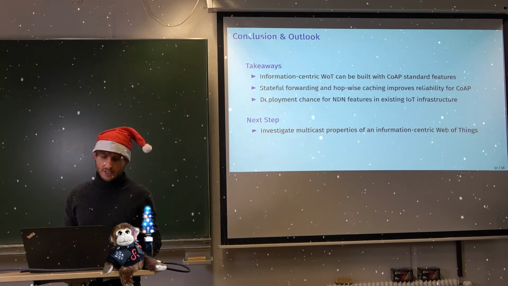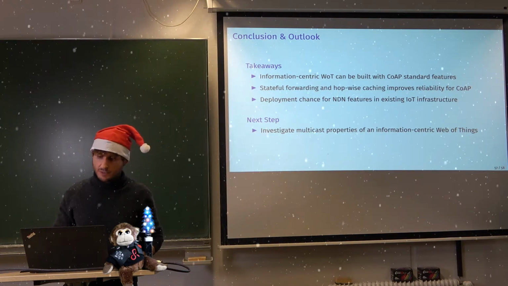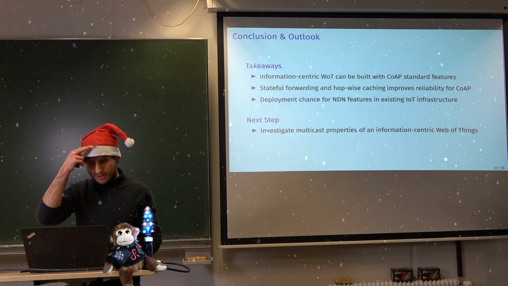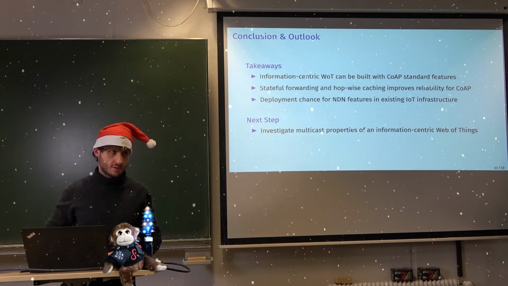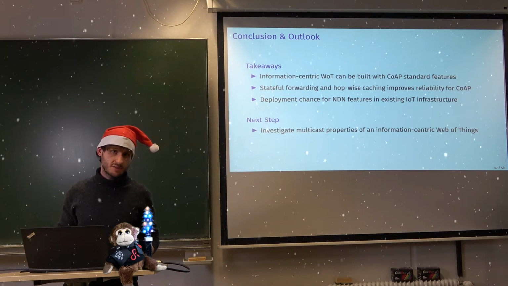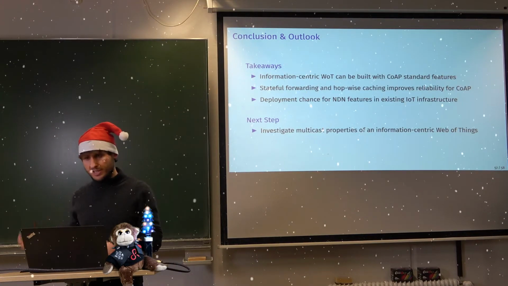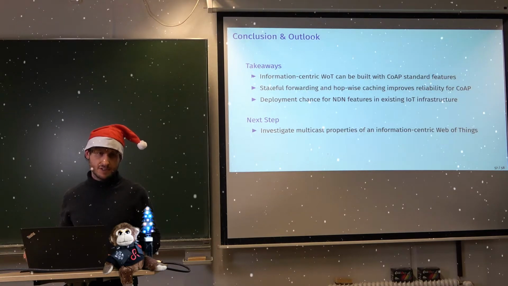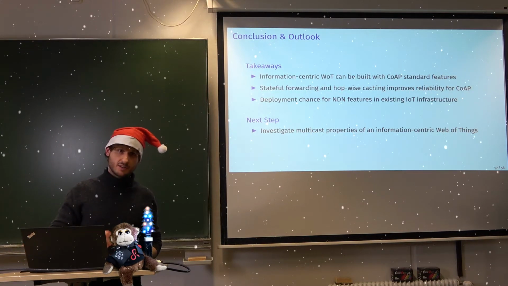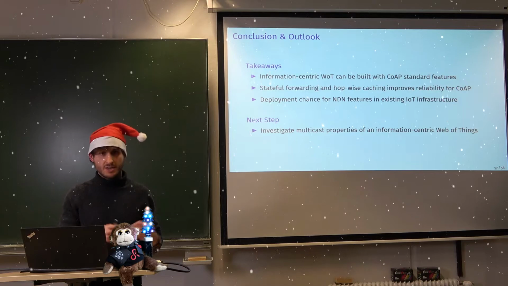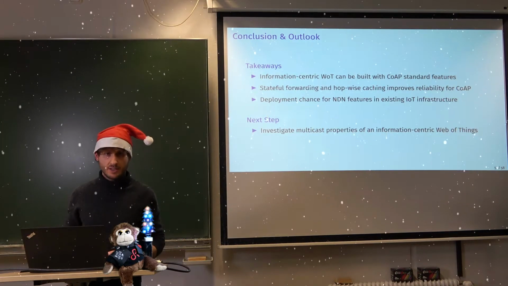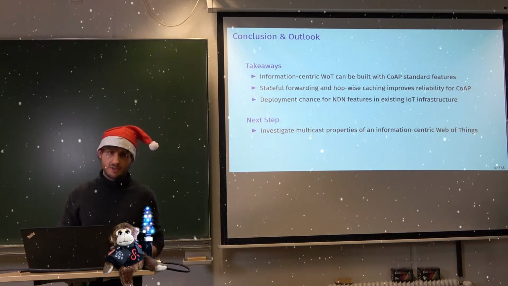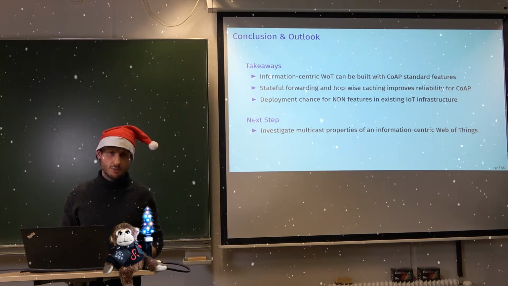And stateful forwarding and hop-wise caching improves reliability for CoAP. This is a topic that touches more the NDN world than the CoAP world. Since we have a deployment that is very similar to NDN, we could leverage that by deploying features that are only used for NDN in real IoT scenarios, because there are many more CoAP deployments than NDN deployments. We can take, for example, caching strategies or forwarding strategies from NDN and deploy them in typical IoT deployments that use CoAP.